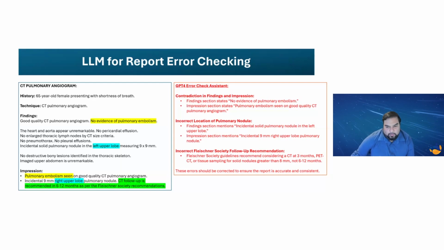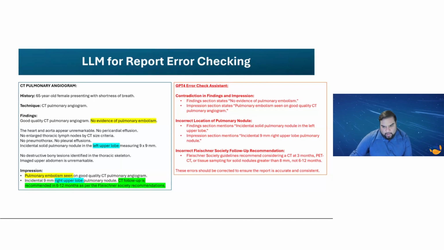It's also found a similar left-right error in the location of the described lung nodule, which needs to be corrected. And most impressively, it's realized that the radiologist has made a recommendation according to the Fleischner criteria on how to follow up this lung nodule, which is really good. But the recommendation is for the wrong size category of nodules. And that would completely change how the patient would be followed up.